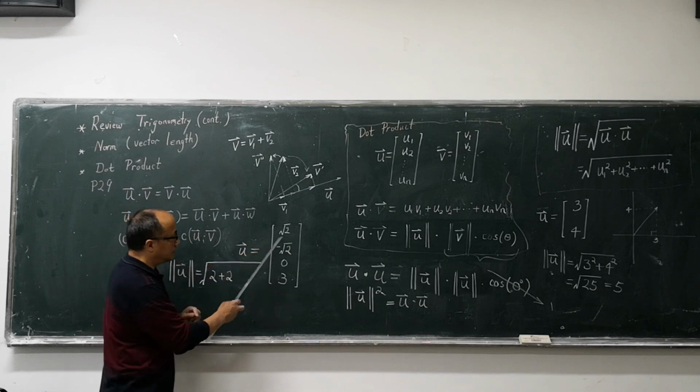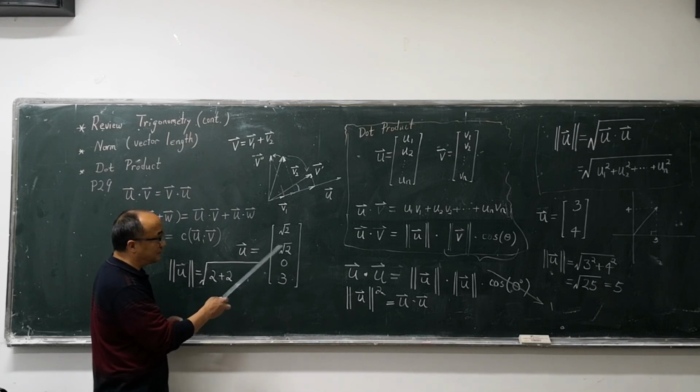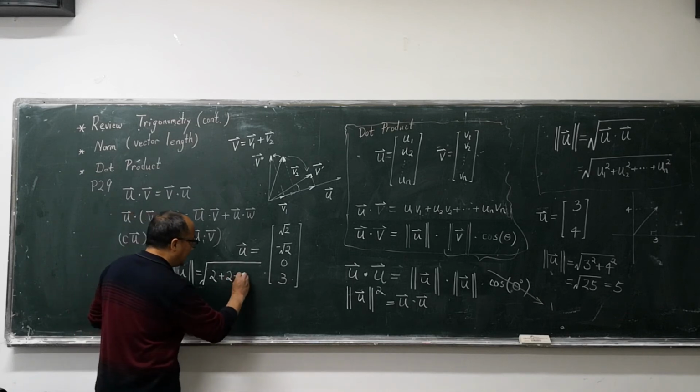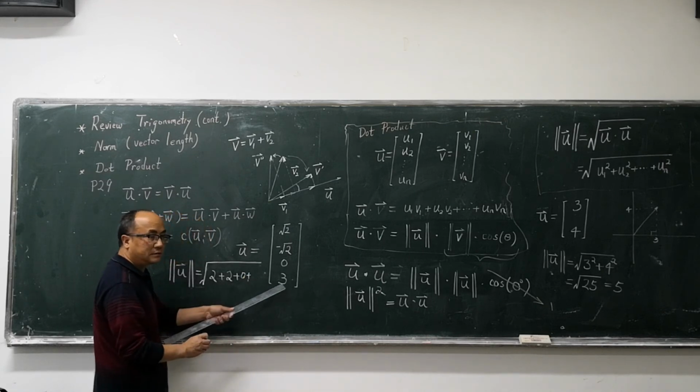This one, negative, times itself, the two negatives cancel each other, so it's also 2. And this square is 0. And this square, 9.